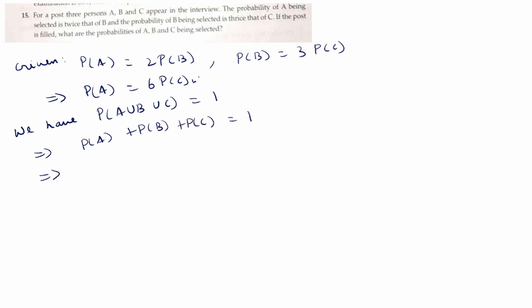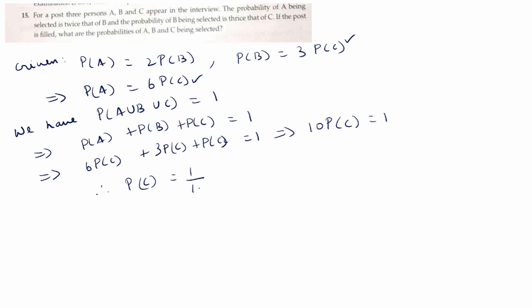P of A is 6 P of C, plus P of B is 3 P of C, plus P of C, it is equal to 1. So from here we have 10 times probability of C getting selected is 1. Therefore, P of C is equal to 1 by 10.